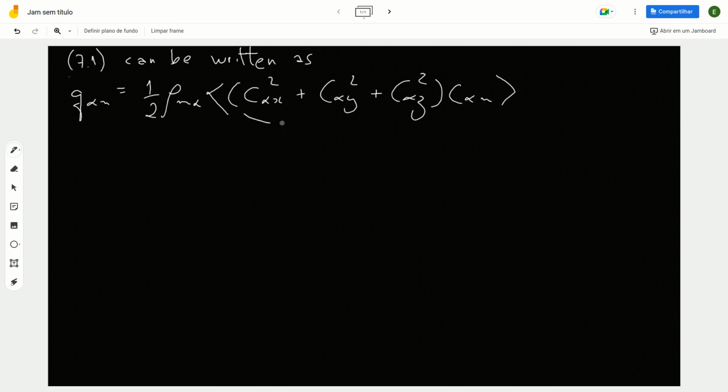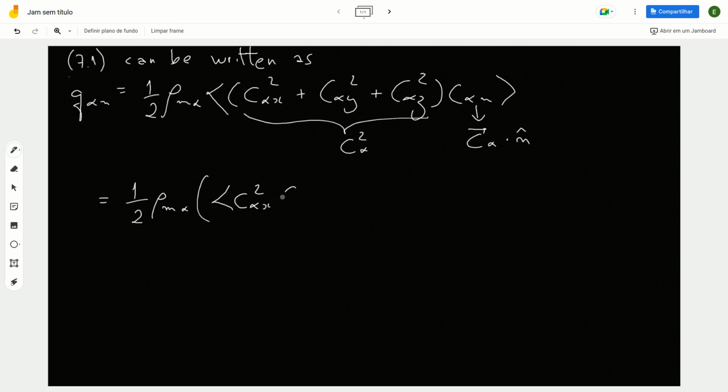This is just C alpha square, and this is just C alpha dot n. Then we get 1 over 2 rho m alpha, and we can just do the multiplication here to obtain C alpha x square C alpha n plus C alpha y square C alpha n plus C alpha z square C alpha n.